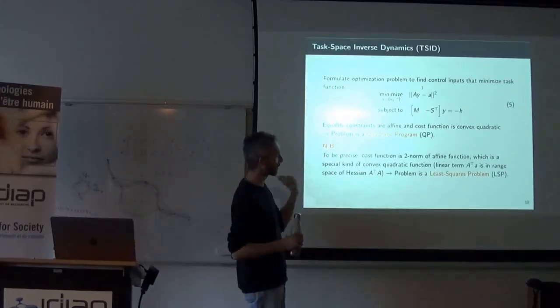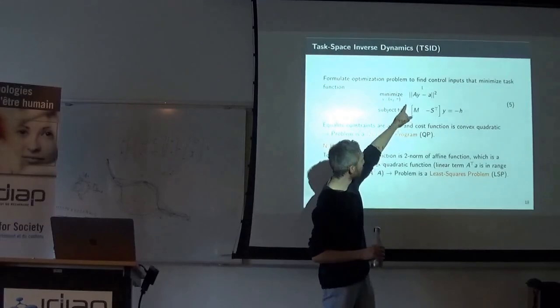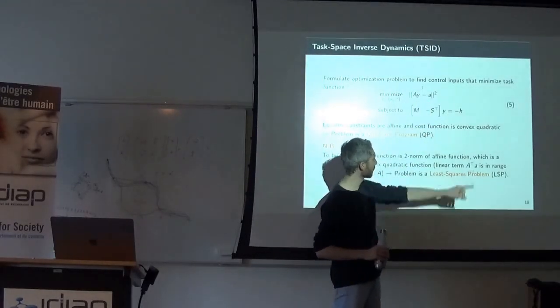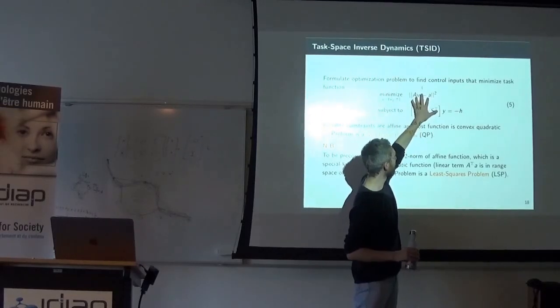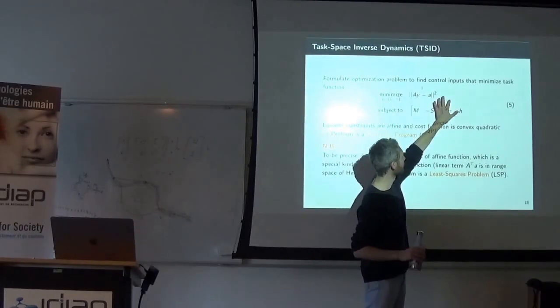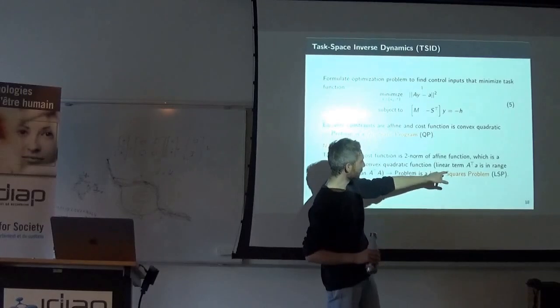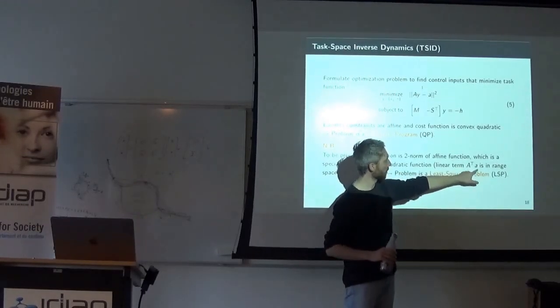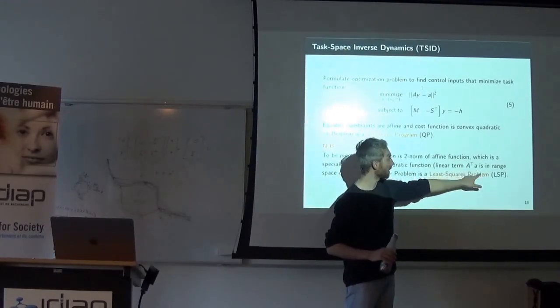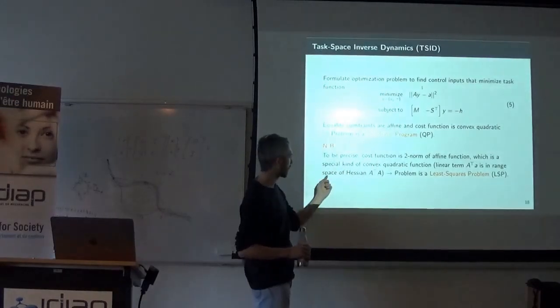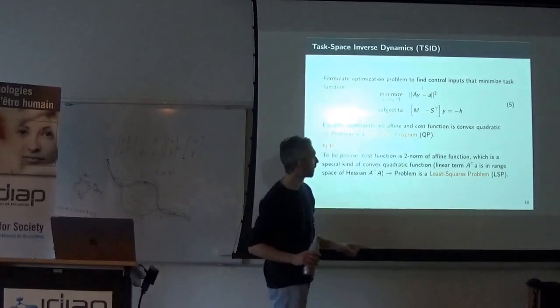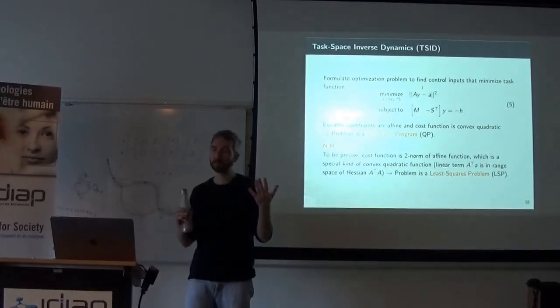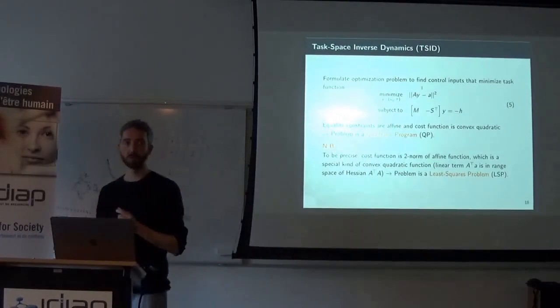The reason is that if you develop this, writing it down by multiplying it times itself, you can see that the linear term, which is capital A transpose, is always in the range space of the Hessian, because you have A transpose in both. And this can be exploited in the resolution of the optimization problem.